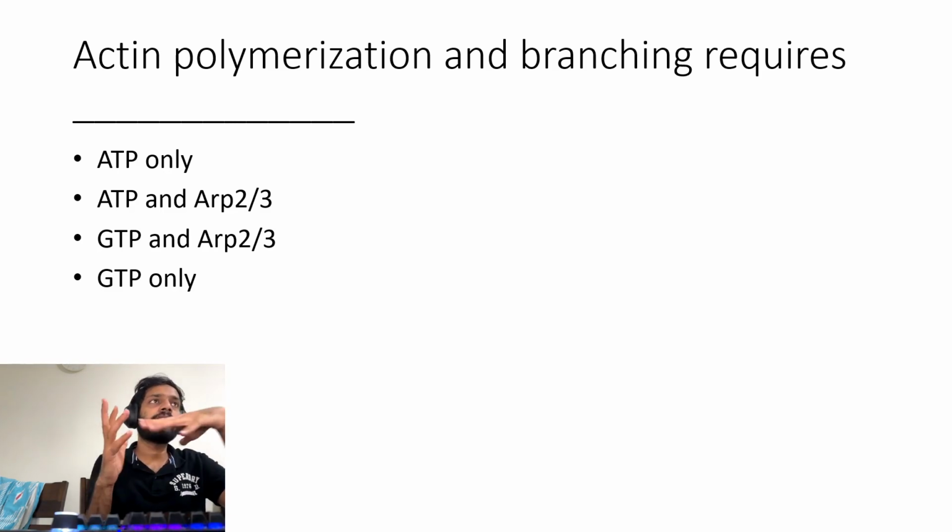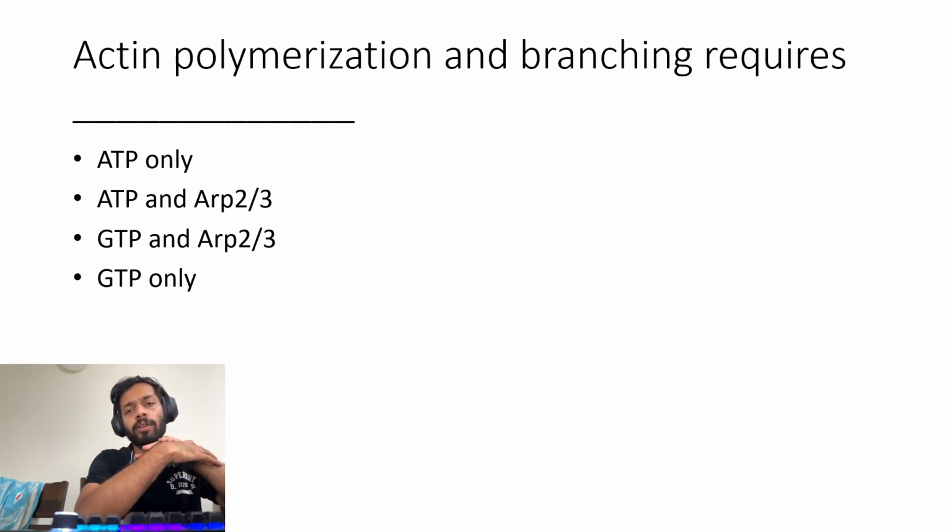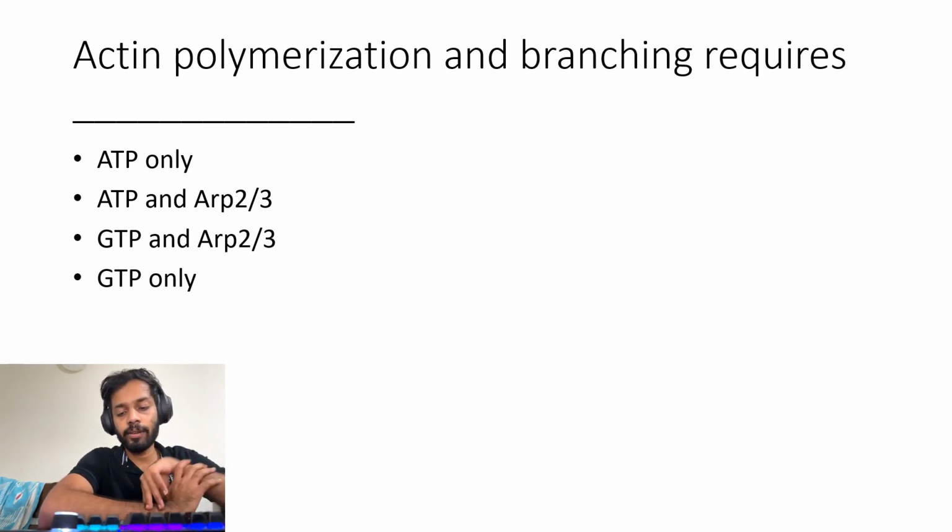So during cytoskeletal formation, does actin polymerization only require ATP or GTP, or does it require any other protein complex along with ATP and GTP? Here we are not talking about the spontaneous actin polymerization. We are talking about assisted or mediated actin polymerization and branching.